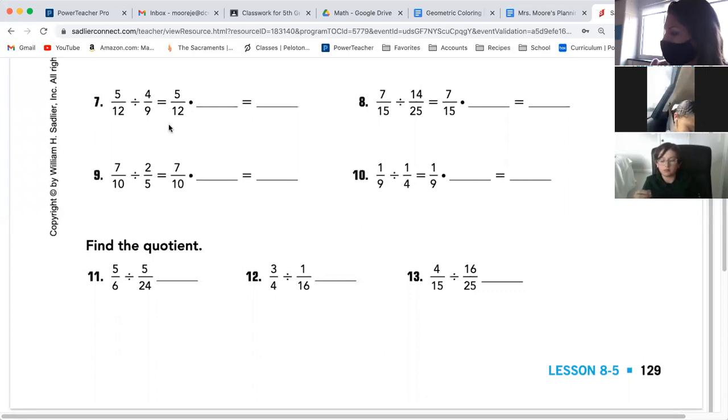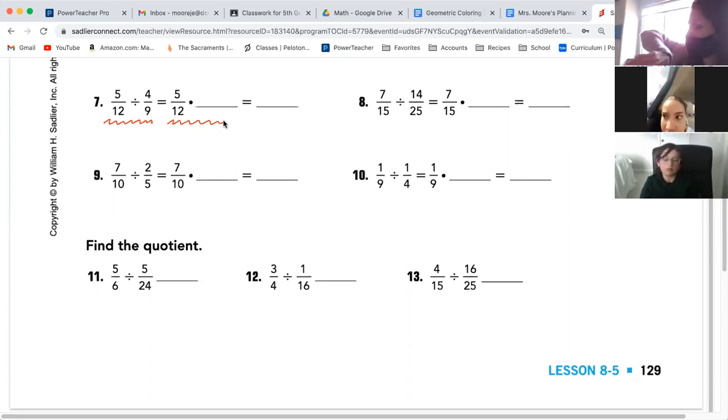Okay. So, Erin, the idea of keep, change means that when you convert a division expression into a multiplication one, because they're complementary operations, this trick works where you can keep the first fraction as it is.